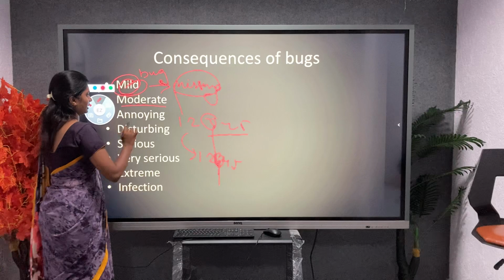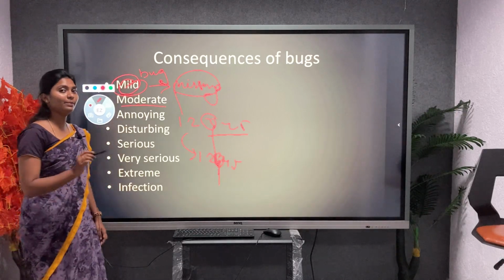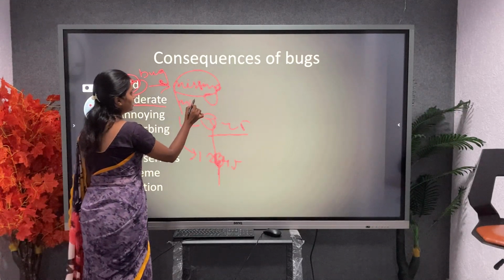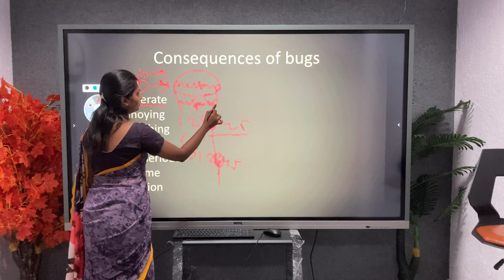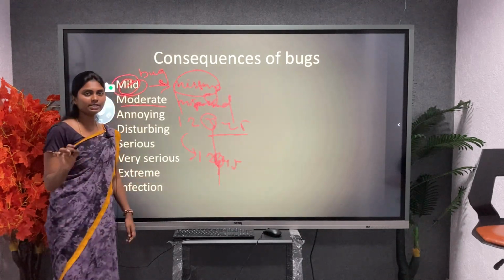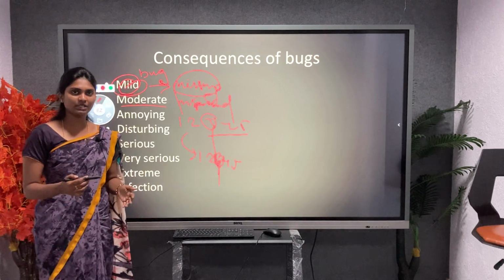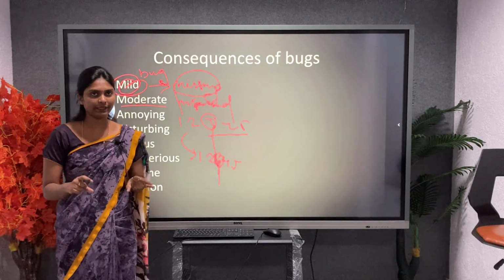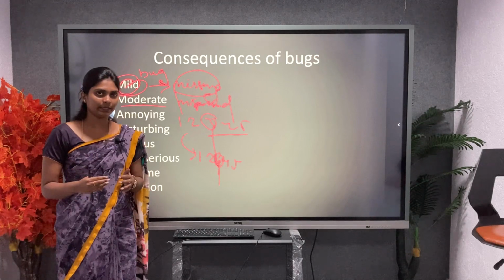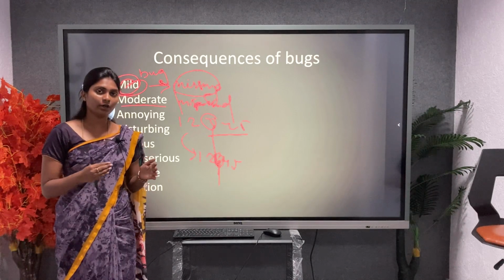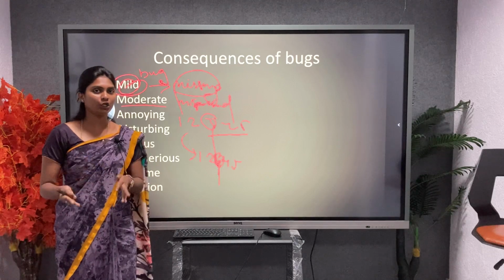Next one, moderate. Moderate means misspelled. What is misspelled? Suppose I take the word automated. Because of automated testing, I did not say automated, I said manual testing.